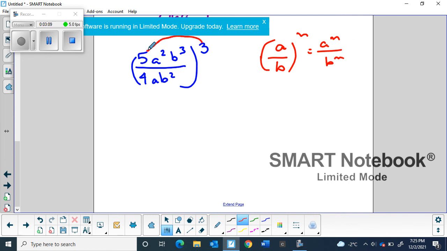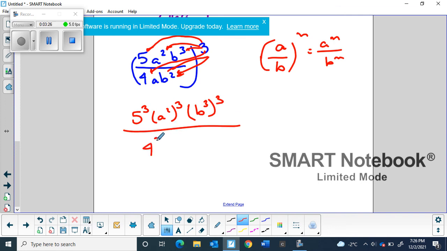So we're going to bring the 3 to every single item in this expression. So we have 5 to the exponent 3, a squared to the exponent 3, b cubed to the exponent 3 over 4 cubed, a cubed, and b squared to the exponent 3.